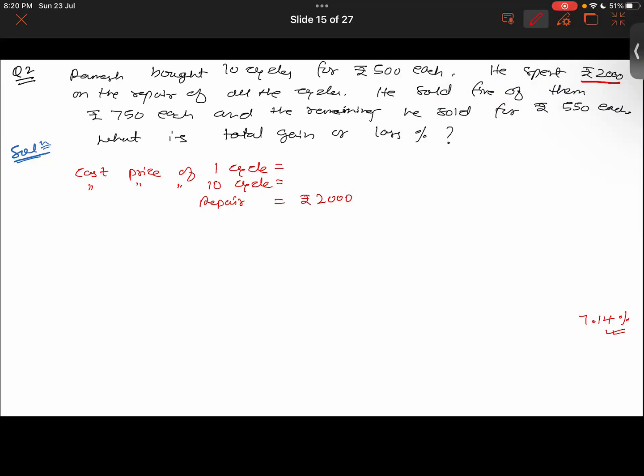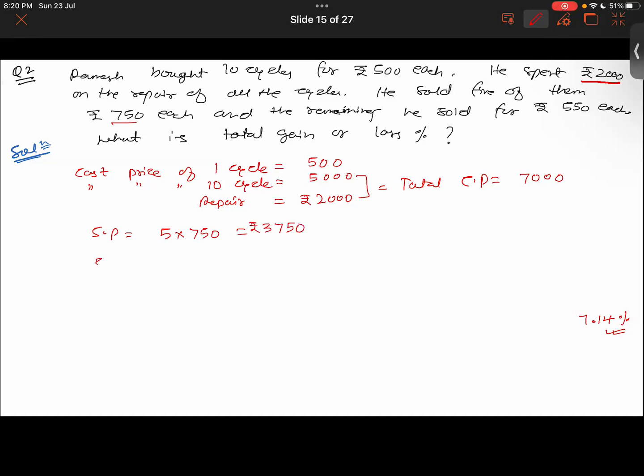Okay, now let's discuss this one. The cost price of one cycle is given as 500, so the cost price of 10 cycles will be rupees 5,000. Now you add these two, which gives the total cost price: 7,000 rupees. Now for the selling price, he sold five of them for rupees 750 each. So 5 into 750 is 3,750 rupees.